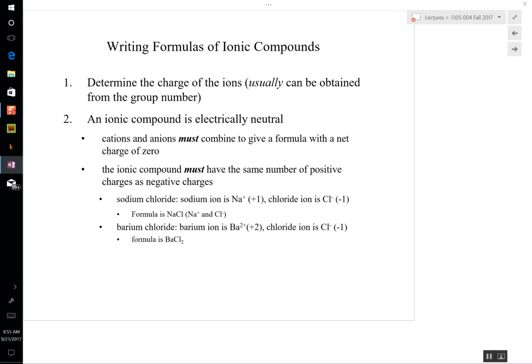Cations and anions must combine to give a formula with a net charge of 0. So whether it's sodium chloride, magnesium chloride, or aluminum chloride, those compounds in those bottles will not have a charge on them. The number of electrons that sodium loses is the number of electrons that the chlorine is going to gain.